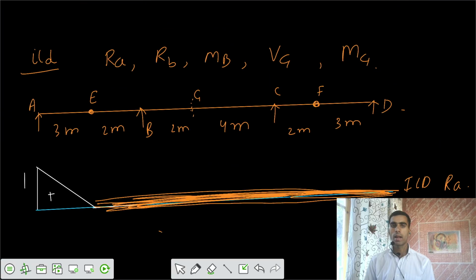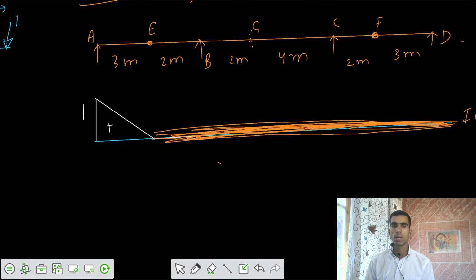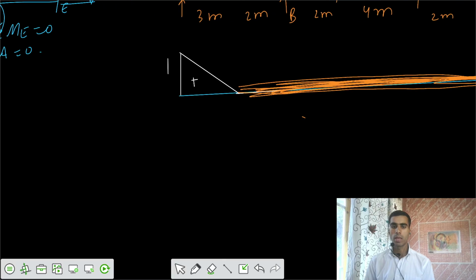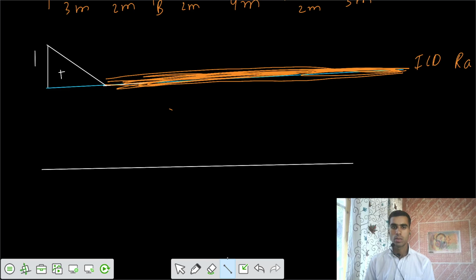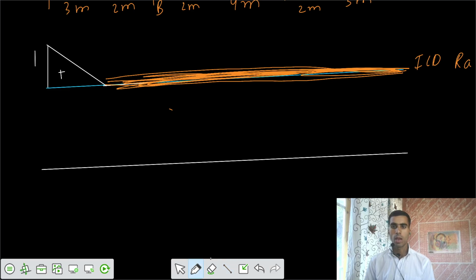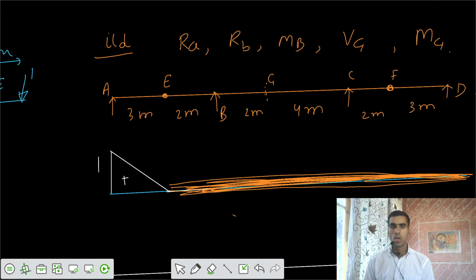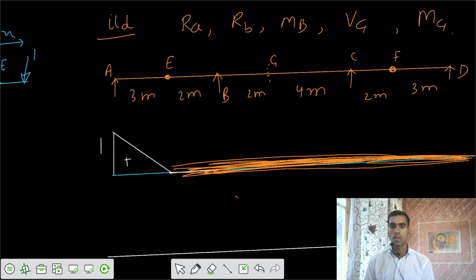Now the second case is the reaction at B. Let's write the reaction at B. Let's say this is our reference line. I want the ILD for reaction at B. So you remove that restraint, you remove that support.